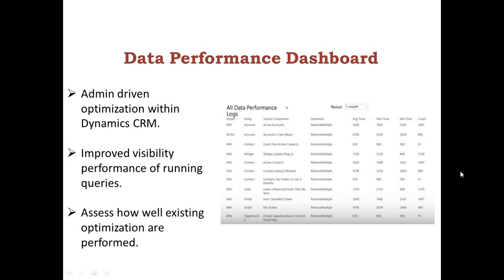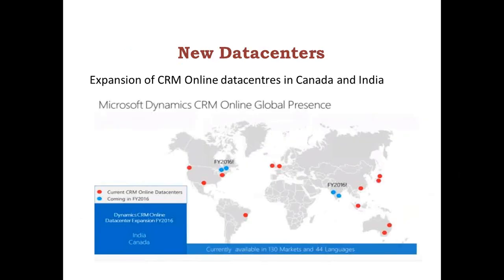Next, we have new data centers. In CRM 2016, they are going to introduce new CRM online data centers in Canada and in India. The Microsoft Canada online data centers consist of the Canada East region, located in Quebec City in the province of Quebec, and the Canada Central region, located in Toronto in the province of Ontario.